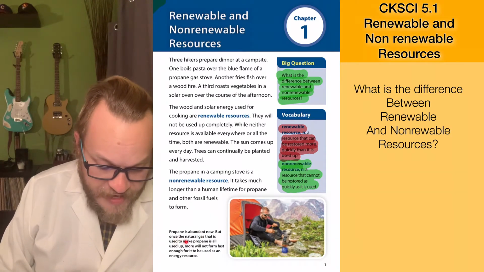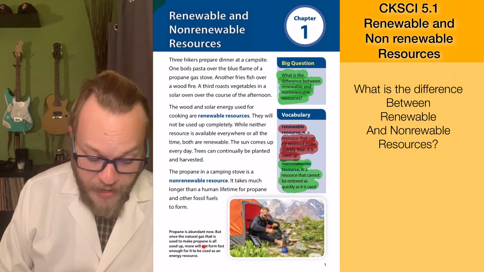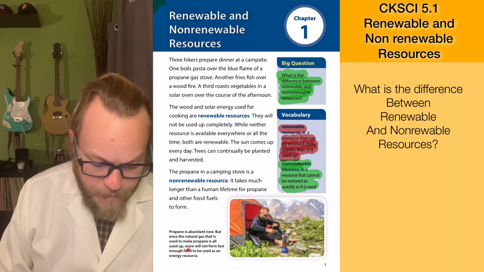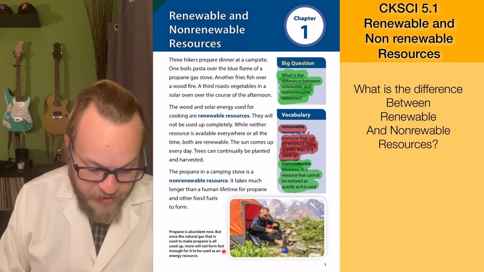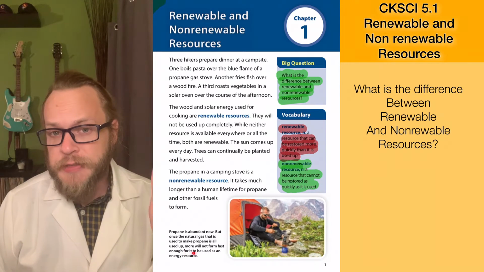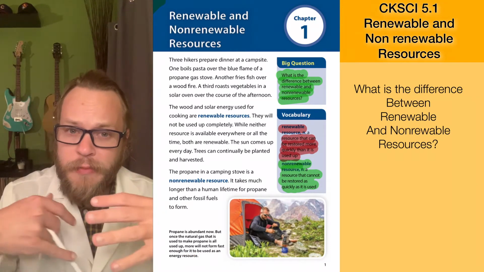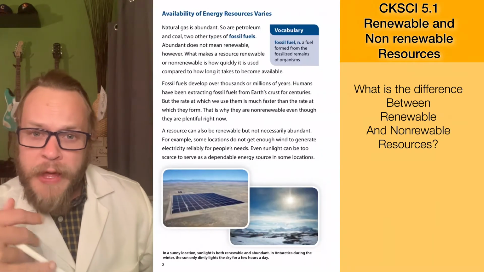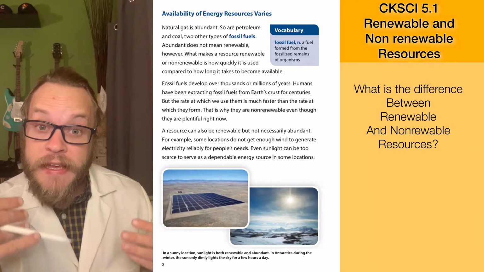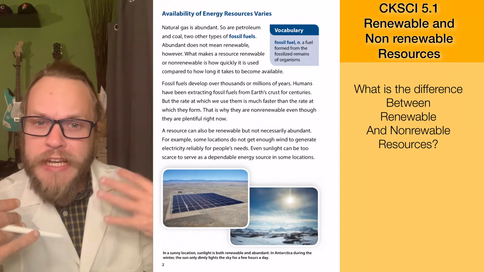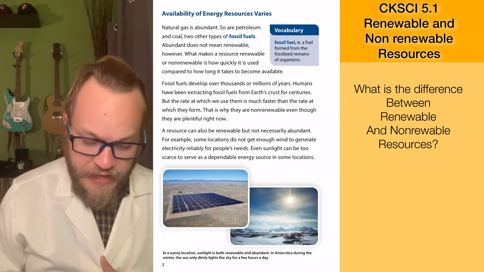But once the natural gas that is used to make propane is all used up, more won't form fast enough for it to be used as an energy resource. So when we're thinking about energy, we want to think about what types of energy sources can we reuse or renew before we need it again. Okay?